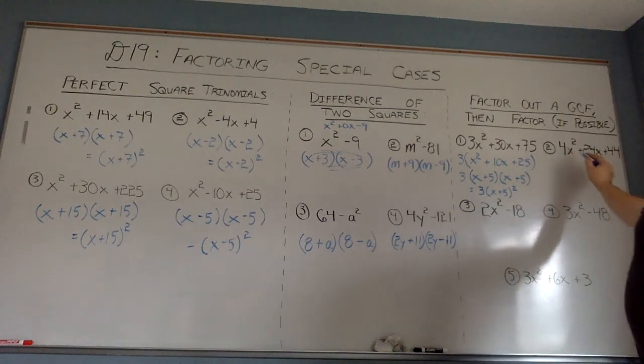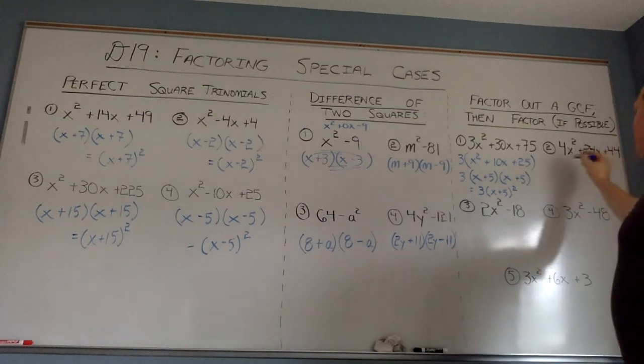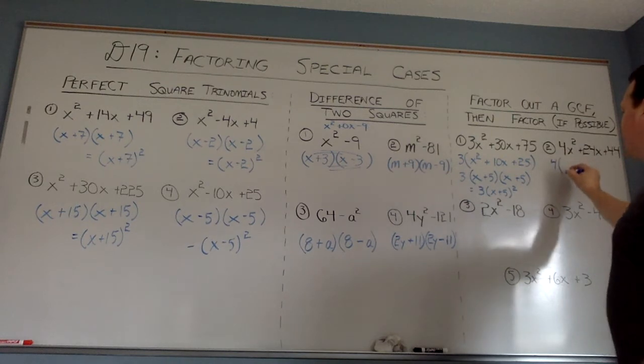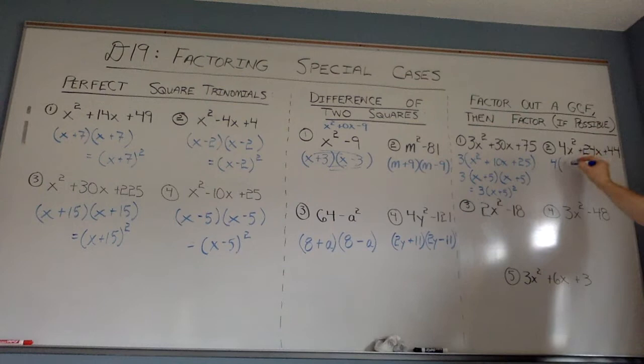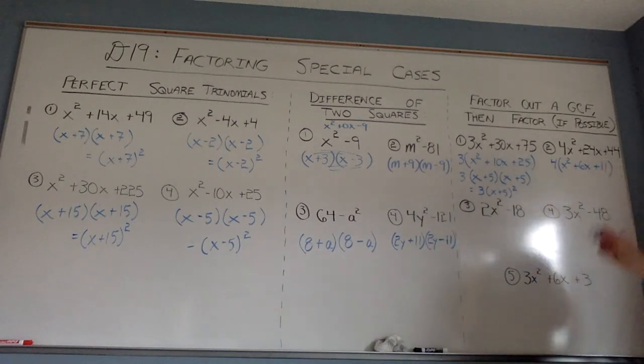Finally, with example 2, notice my greatest common factor is a 4. If I take a 4 out of the 4x squared, I'll be left with 1x squared plus 6x, and then 44 divided by 4 is 11. Can I find two numbers that multiply to make 11 and add to make 6?